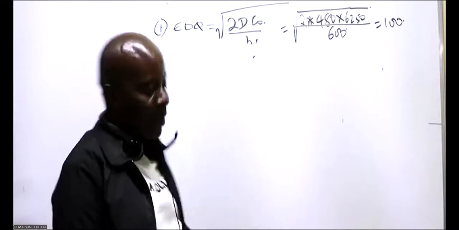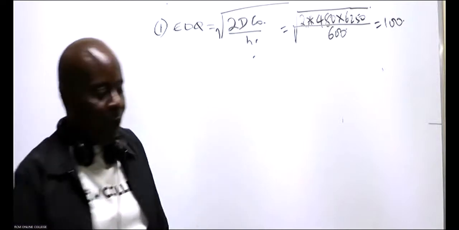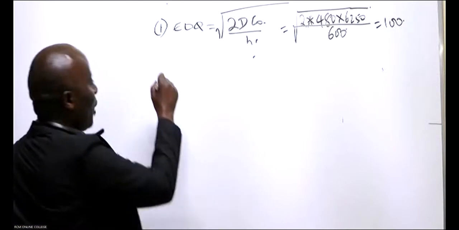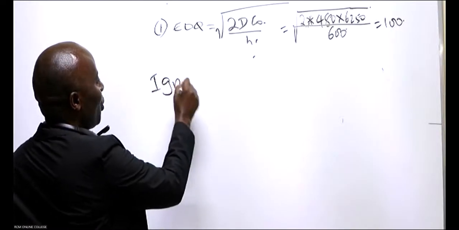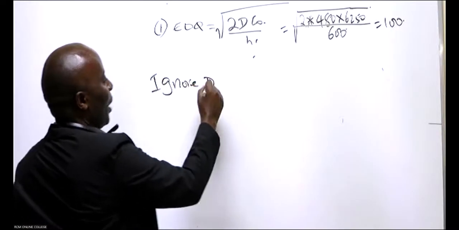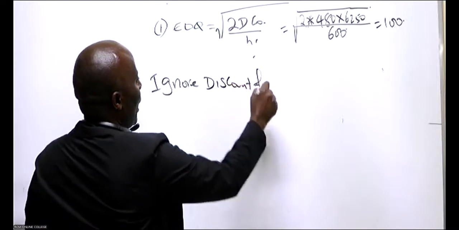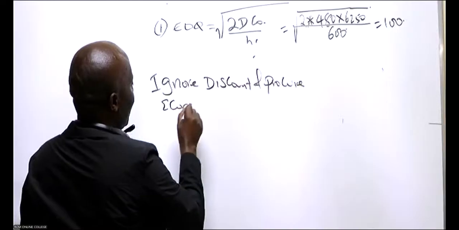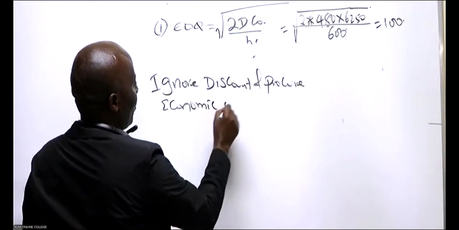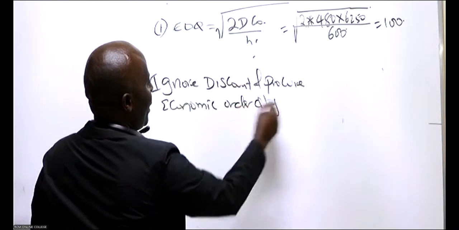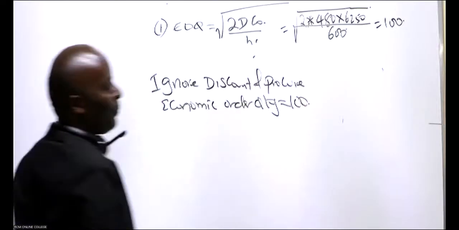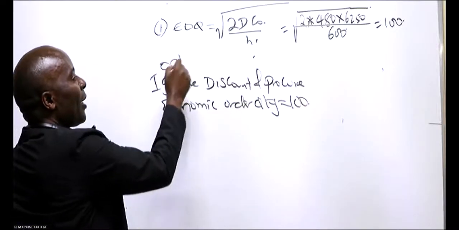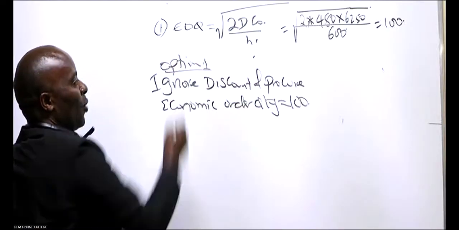The first option is we ignore the discount and procure the economic order quantity, which you guys have told me is what here? So this is option 1.